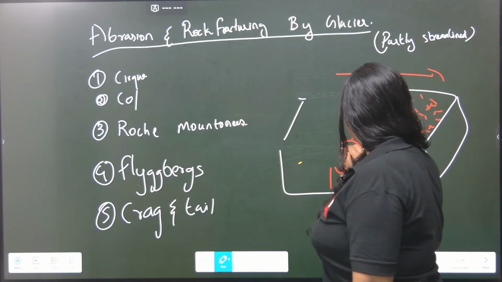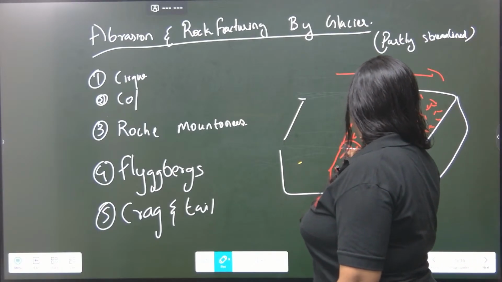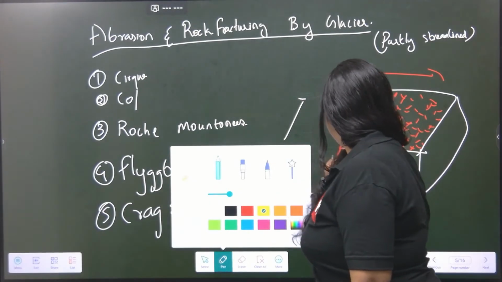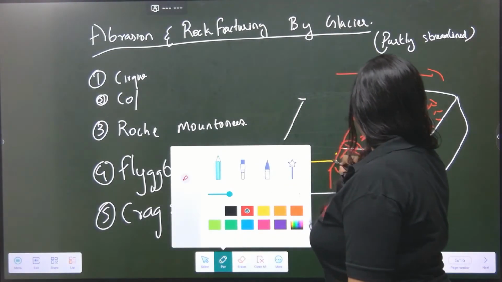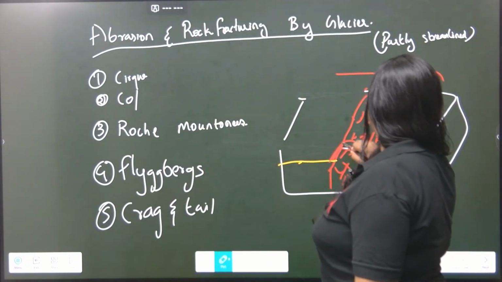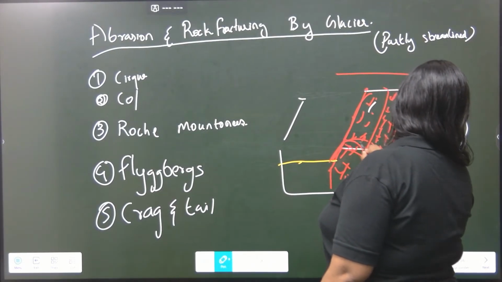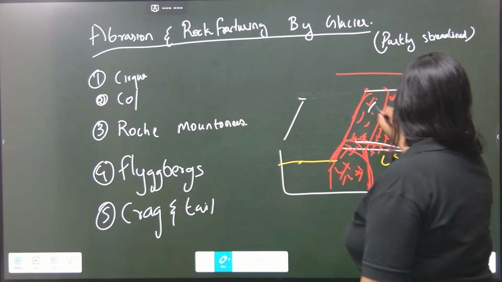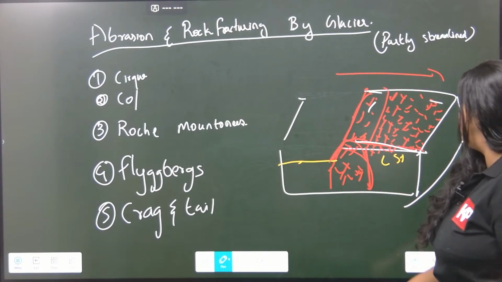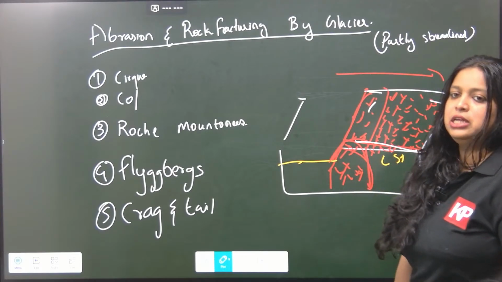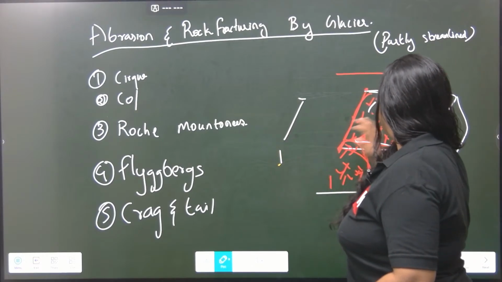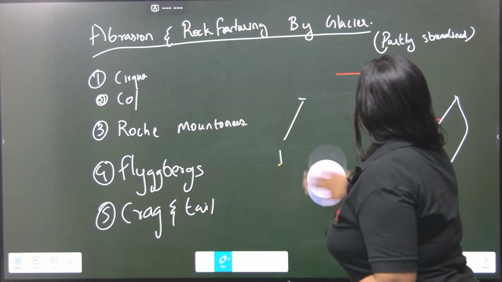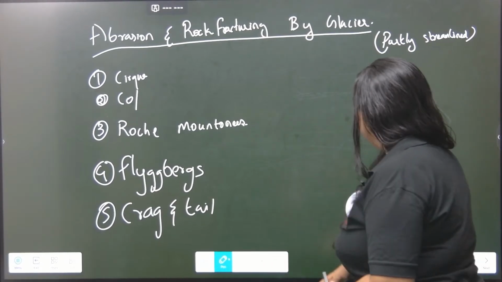So what happens with time? The limestone over here gets eroded, and the rock will have a steep slope on this side and a gentle slope on this particular side. This limestone has been preserved. With time, the limestone keeps eroding, but on this side the limestone will be preserved because of the resistant rock.